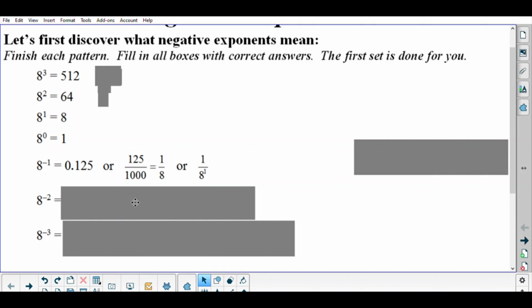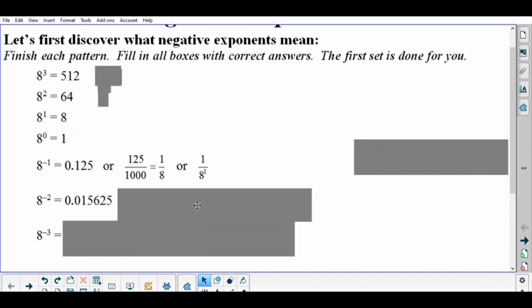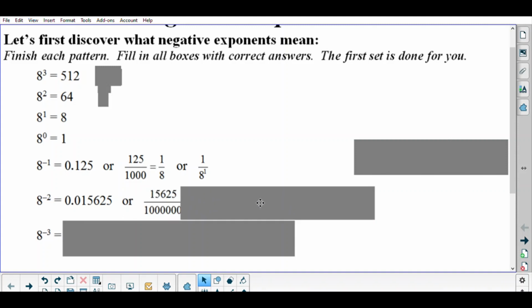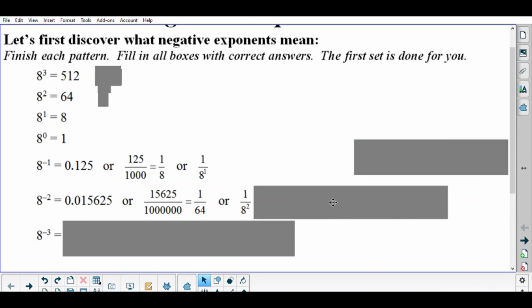8 to the negative 2nd power. Using your calculator, you're going to get this lovely long decimal. That is the same as 15,625 over 1 million, and that reduces to 1 over 64. Now, that is the same as 1 over 8 to the 2nd.